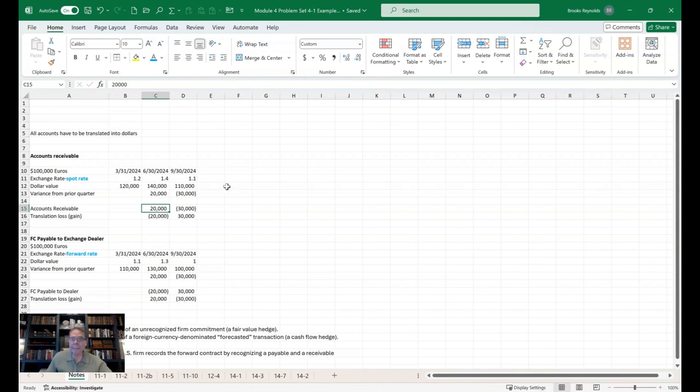On September 30th, again, we have to determine what our assets are worth. And so the exchange rate, unfortunately, has dropped. So the dollars aren't worth as much as they used to be. In fact, you can see that in total, we're going to lose $10,000 from the beginning. But we have to make that adjustment, so we have to reduce the balance of AR from 140,000 to 110,000.